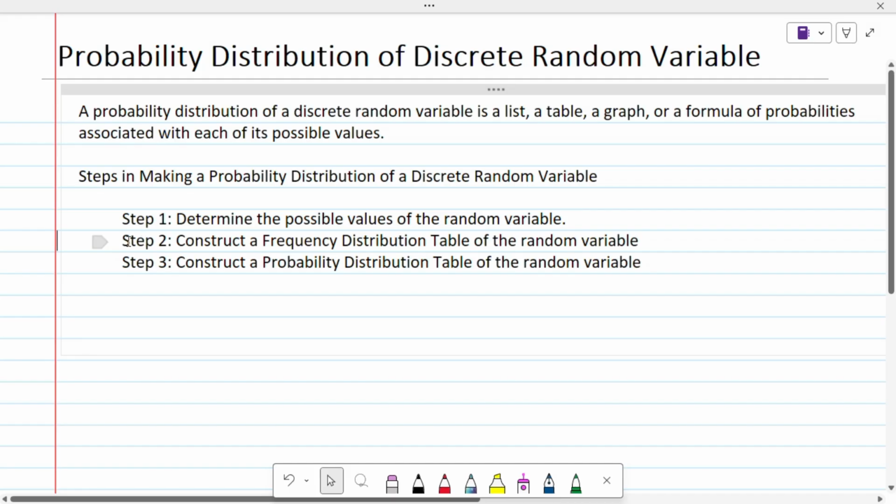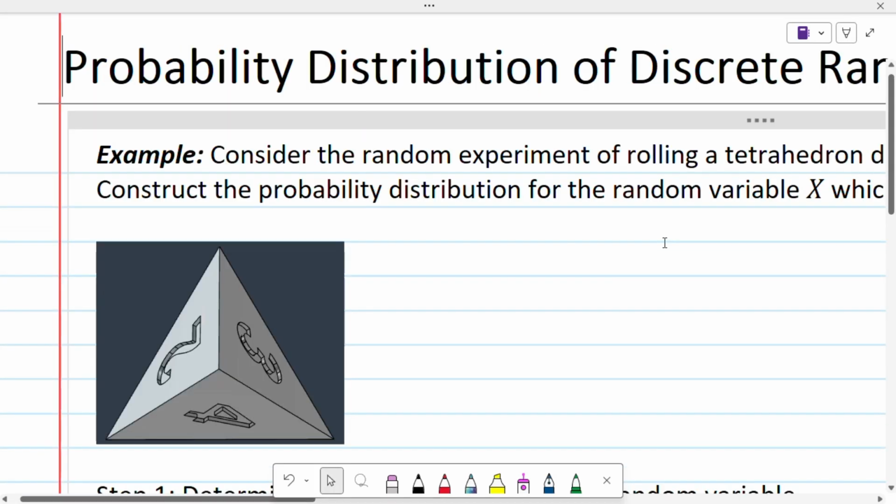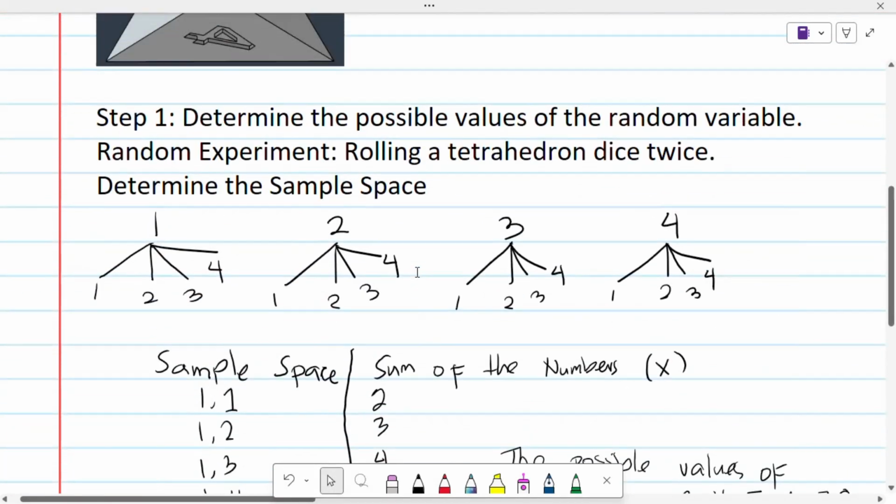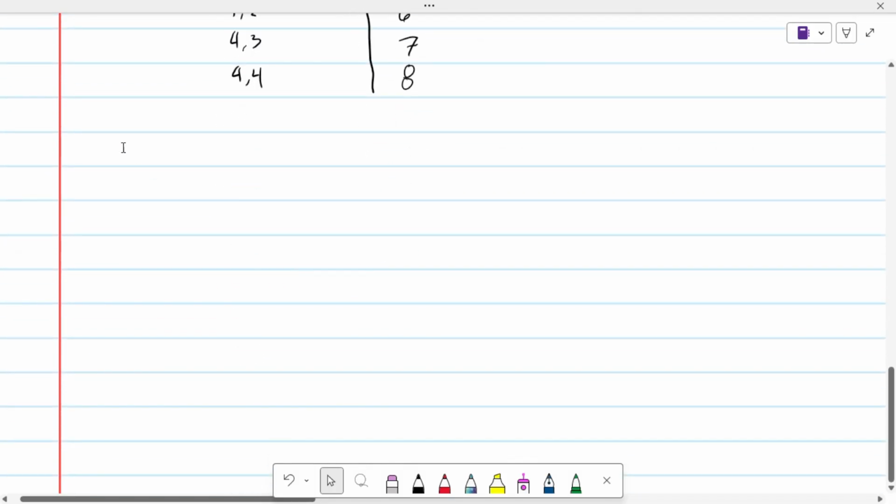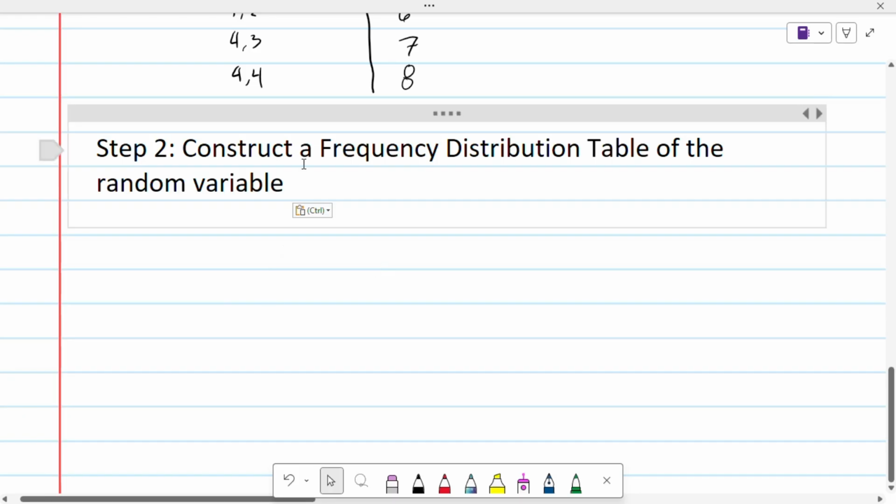Our step 2 is to construct a frequency distribution table for our random variable. We are already done with step 1, so we now proceed with step 2. How are we going to construct a frequency distribution table?